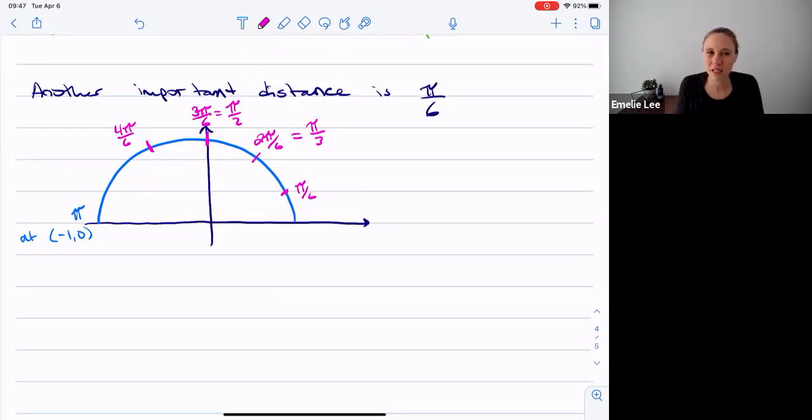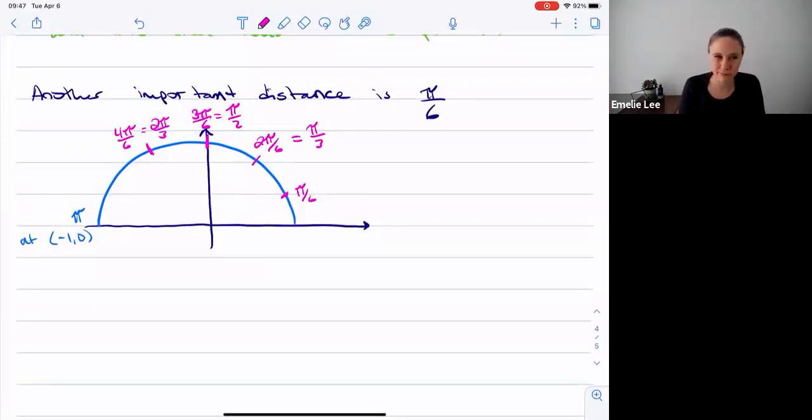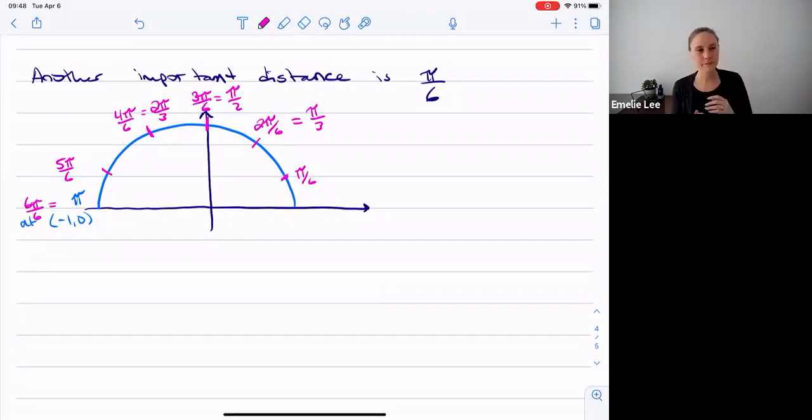I think 4 pi over 6 is going to be, I just can't remember if we keep it as pi over 6 or pi over 3. No, I think we write it as 2 pi over 3. And then 5 pi over 6, which that one we just leave. Okay. And then 6 pi over 6, which is just pi. Okay.